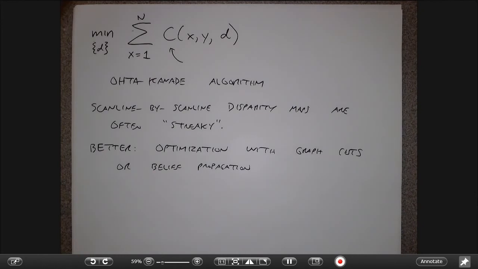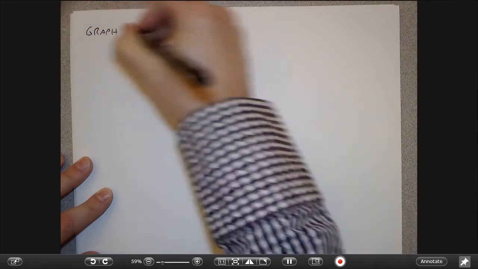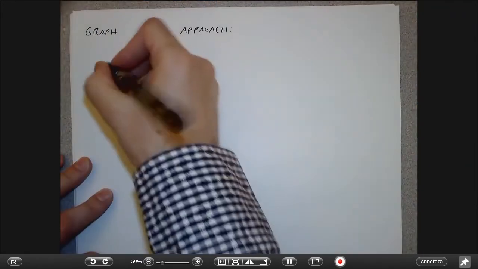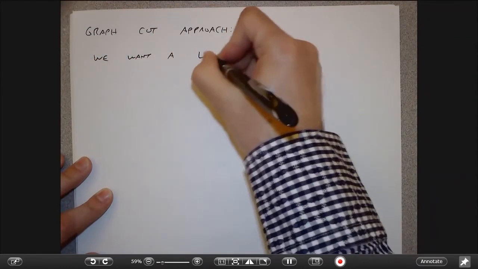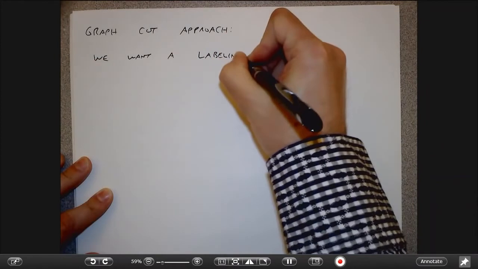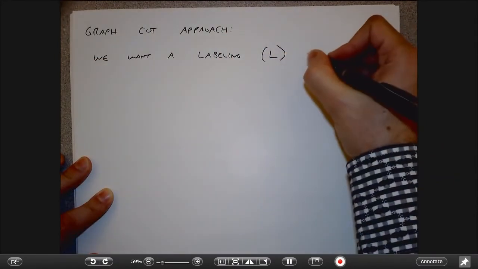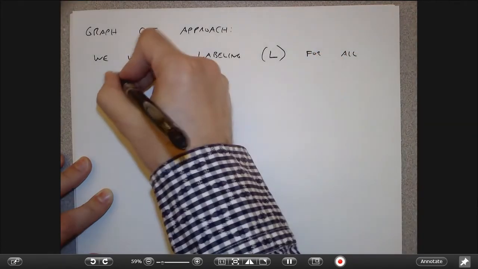So how would the graph cuts algorithm work? So kind of a graph cuts approach. Well, we want a labeling, which I would call L, for all pixels in the image.